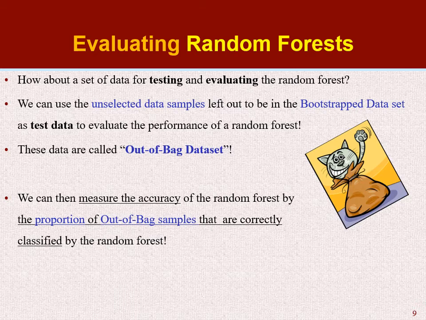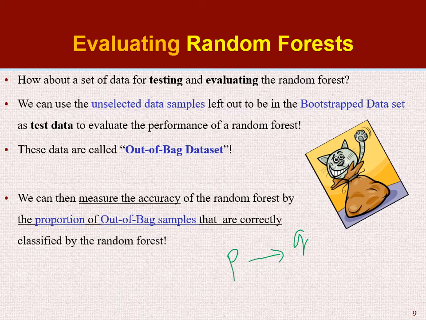So imagine that we have p out-of-bag samples. If we use our random forest to classify these p samples, suppose that out of this p, q of them are correctly classified.